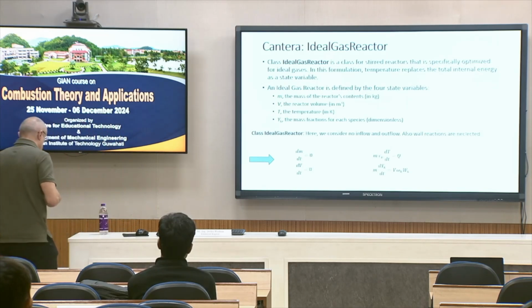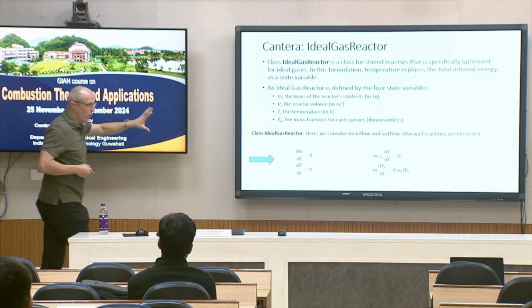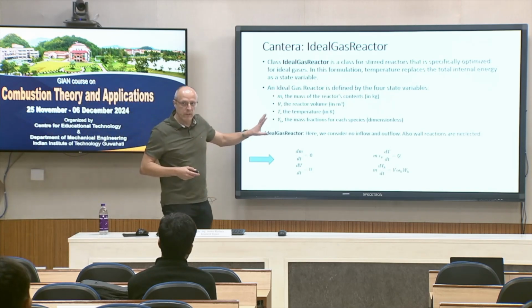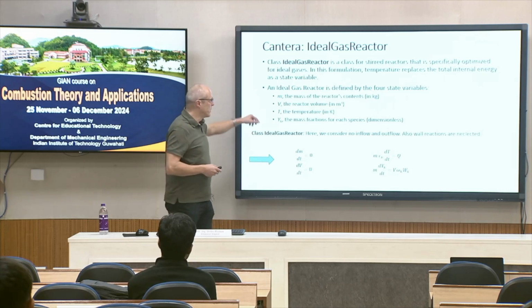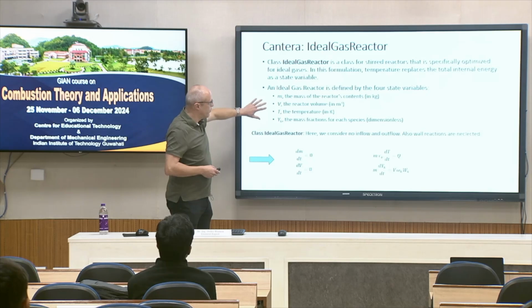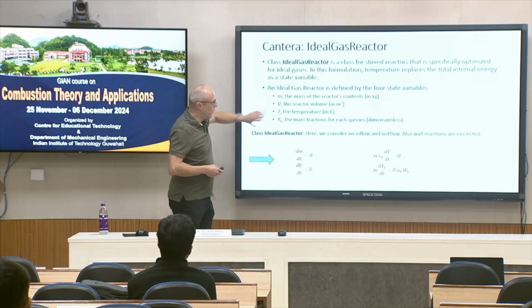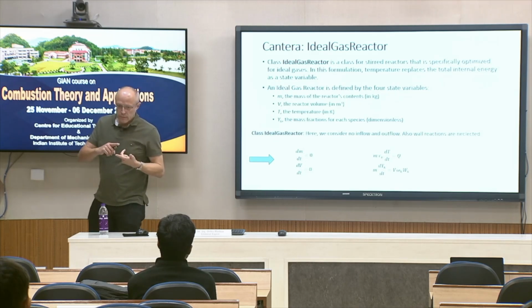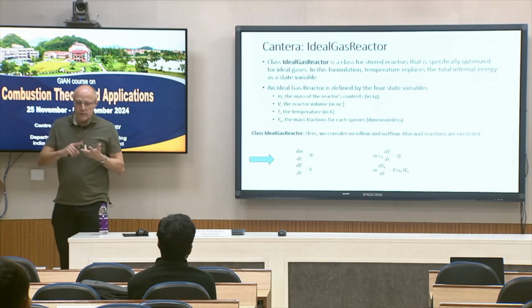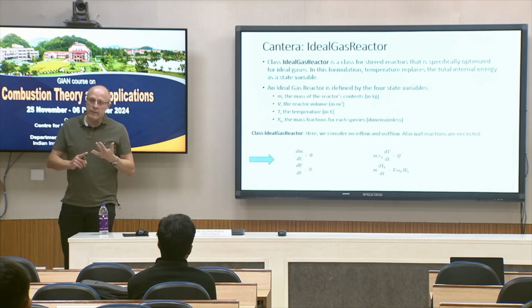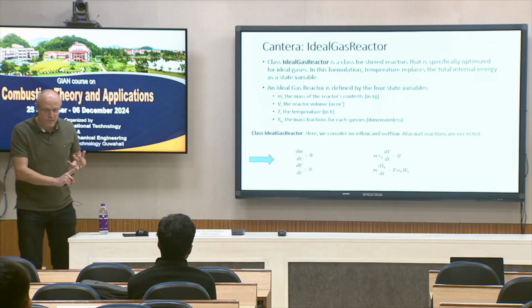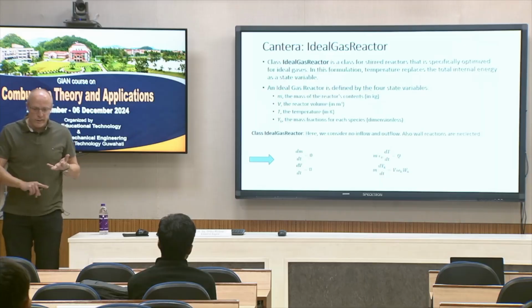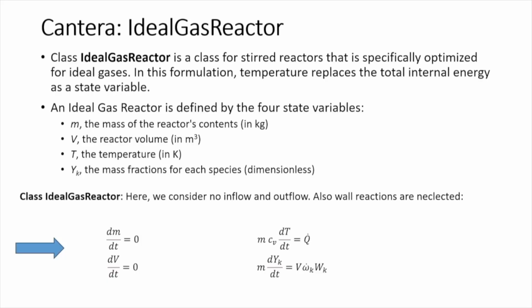So here in this example, we will learn all the numerical details next week. But we consider here 4 state variables: the mass, the reactor volume, the temperature inside, and then for all the species we have one equation concerning the mass fraction of the species.